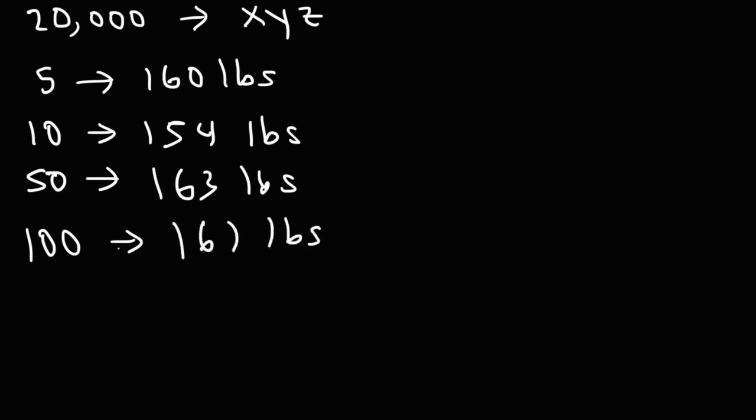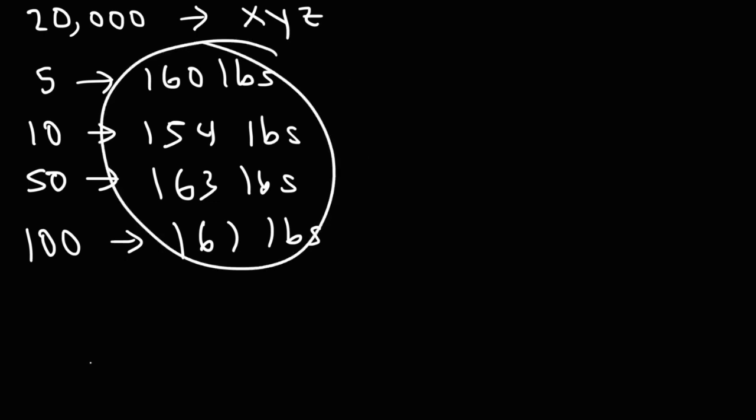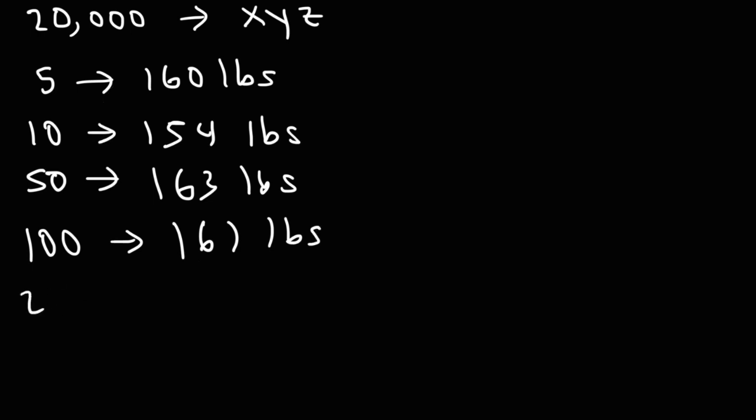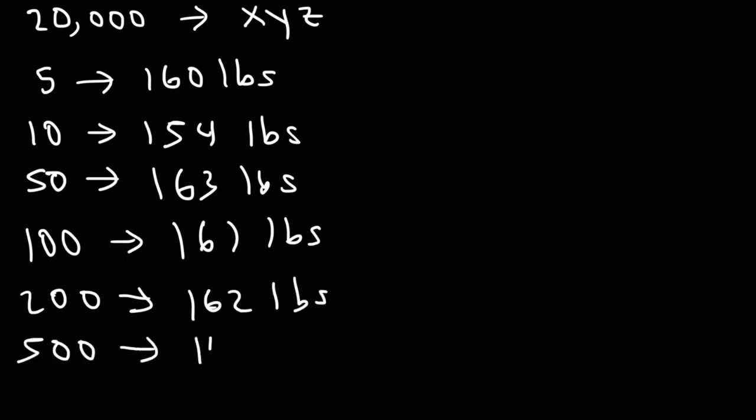But eventually, as your sample size increases, these values will converge. And let's say if you measure 200 individuals, it might be 162. Or if you measure the weight of 500, it might be 161.5. And so notice the value we're getting closer to.